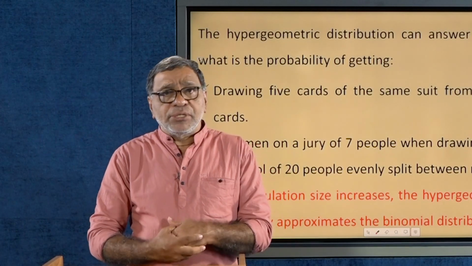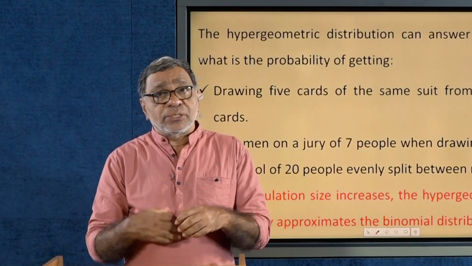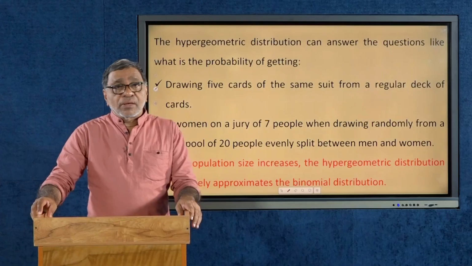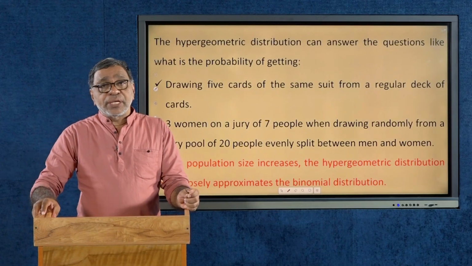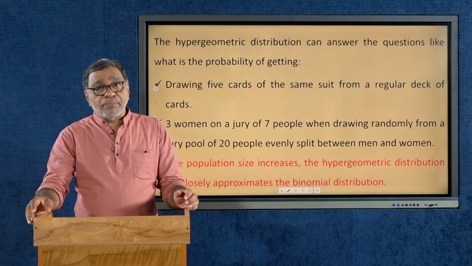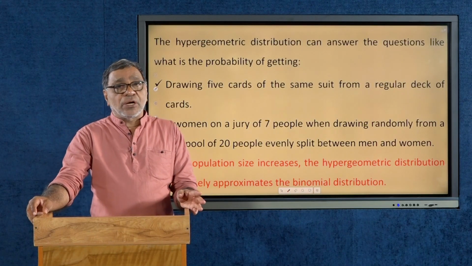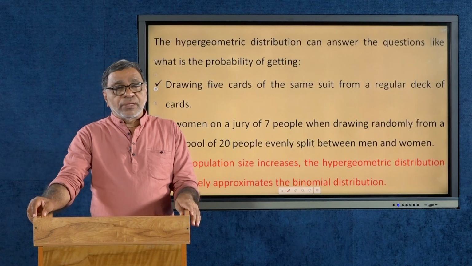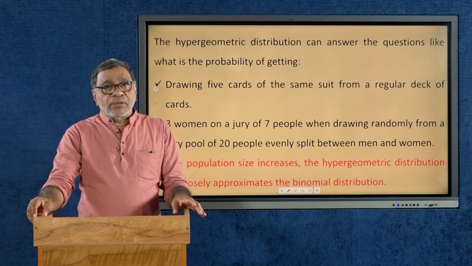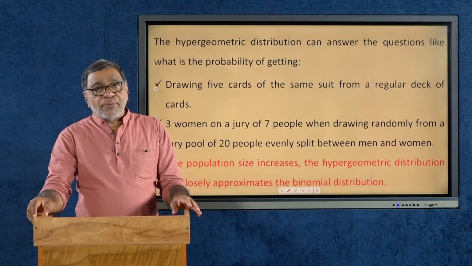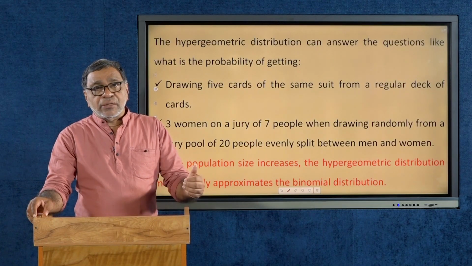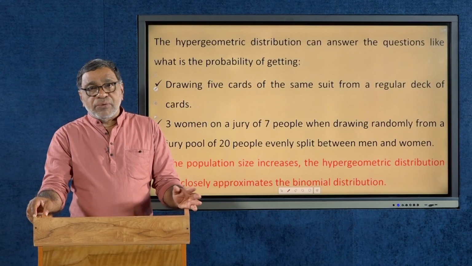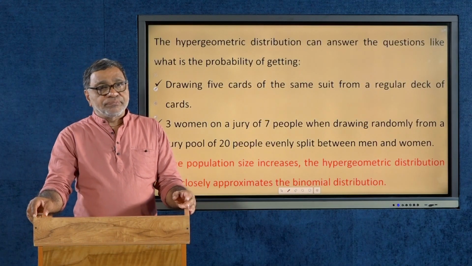The hypergeometric distribution can answer questions like: what is the probability of drawing 5 cards of the same suit from a regular deck of playing cards, or what is the likelihood of getting 3 women on a jury of 7 people when drawing randomly from a jury pool of 20 people, which are evenly split between men and women.